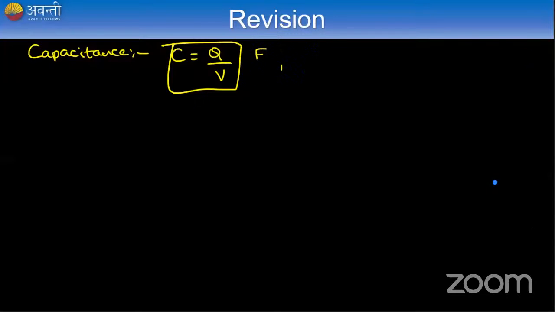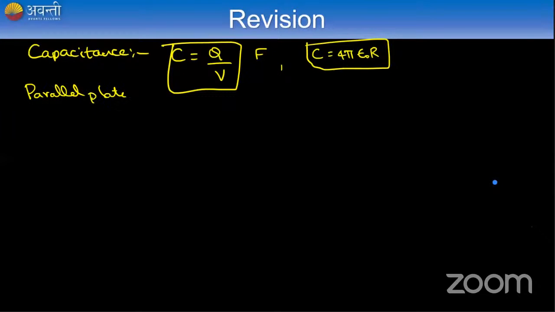For a spherical conductor, the capacitance was given as 4 pi epsilon naught r, and then we derived the expression for a parallel plate capacitor, right? For a parallel plate capacitor, we got the capacitance as C equals epsilon naught A divided by d.